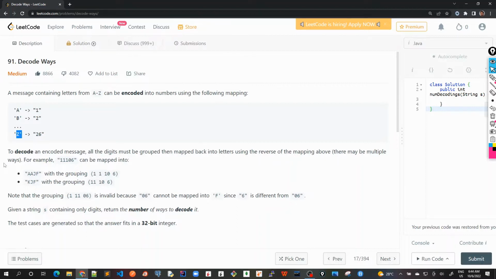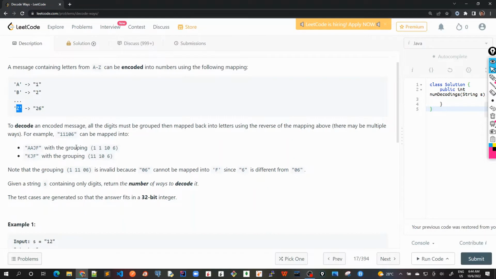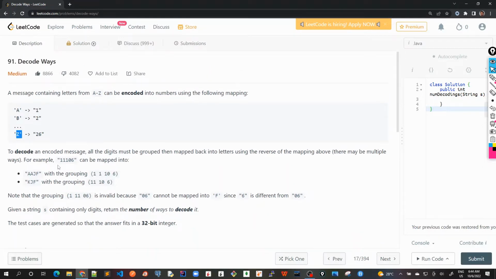There may be multiple ways. So let's go with an example to see what it means. For example, the input would be given as this number 11106. Now there are multiple ways where we can decode it back into letters. One way is that we take only 1, and then 10, and then 6.